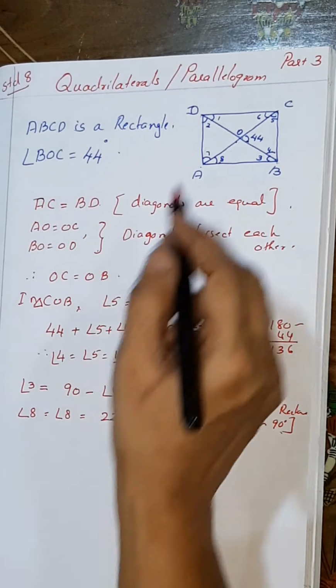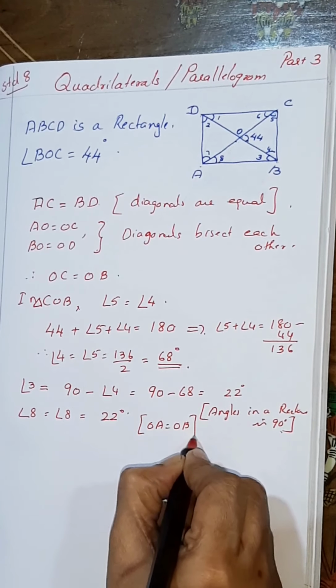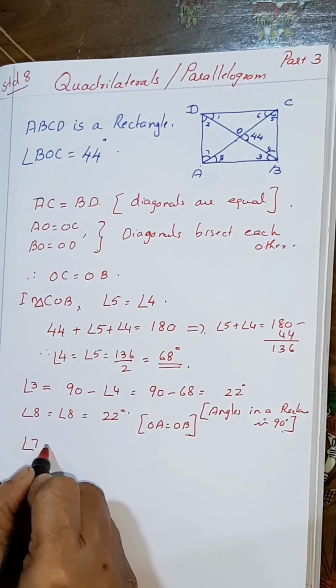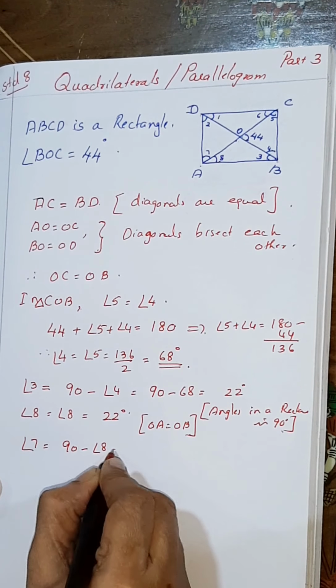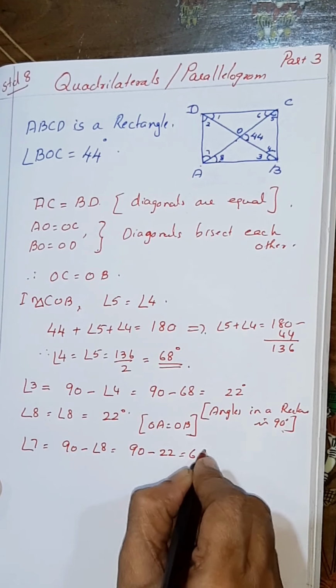The reason is OA equal to OB. Now again angle 7 will be, similarly, 90 minus angle 8. So 90 minus 22 will be 68.